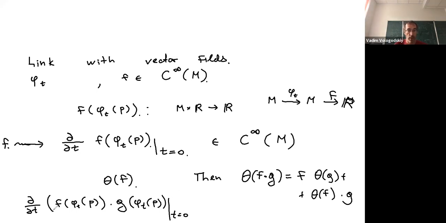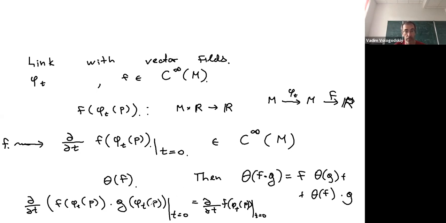By the usual Leibniz formula, you differentiate the product of two functions: you differentiate the first factor at t equals 0, and you multiply by the value of the second factor when t is 0.